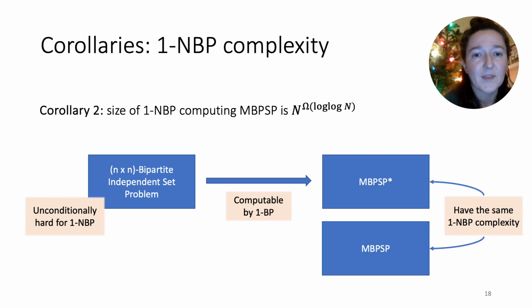And actually, MBPSP star and MBPSP, partial version and total version, have exactly the same complexity in the non-deterministic branching program model, because instead of stars in the definition of a partial truth table, we can just add non-deterministic guessing nodes.